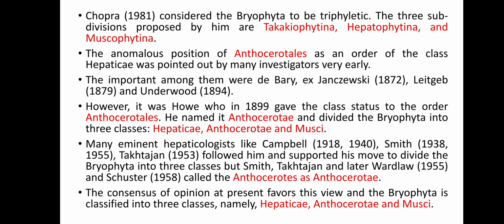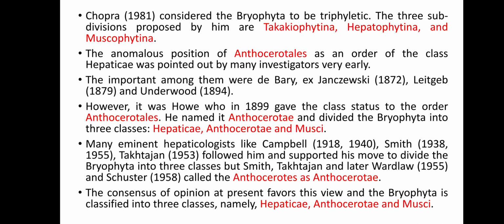Chopra in 1981 considered Bryophyta to be triphyletic, and the three subdivisions of Bryophyta proposed by him are Takakiophytina, Hepatophytina and Muscophytina. The anomalous position of Anthocerotales as an order of the class Hepaticae was pointed out by many investigators.